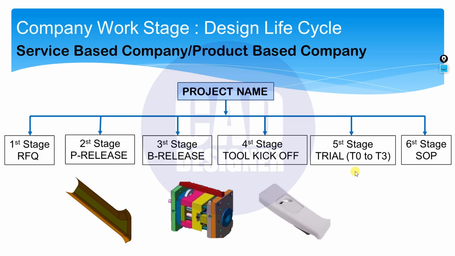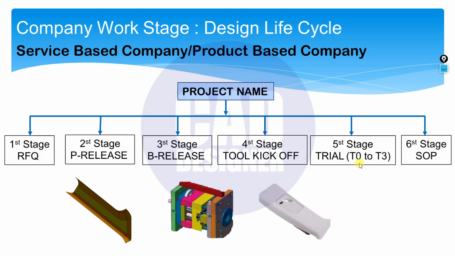Then the tool maker just pushes his issue onto the designer, saying the designer is not designing the part properly. At that time you need to ask them to share the tool, and check in that tool whether they are properly doing the sink mark thing or not. So this is very important.